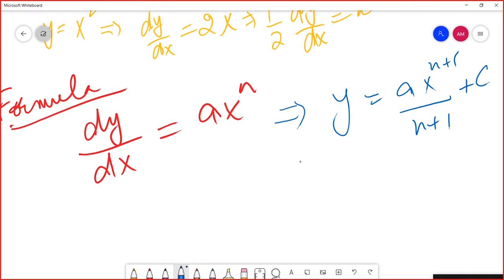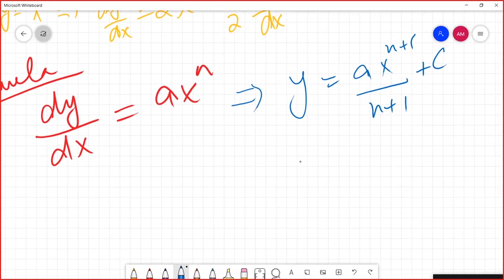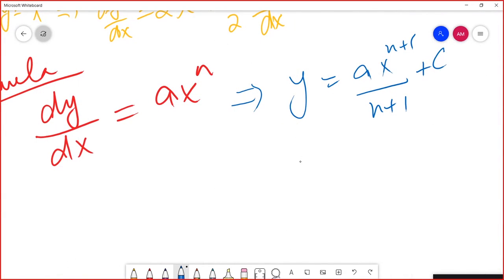I would try to explain it in another fashion also. Let's say dy upon dx is equal to x square, just x square, right? We are making it not very difficult. a is 1, and what would be y then?